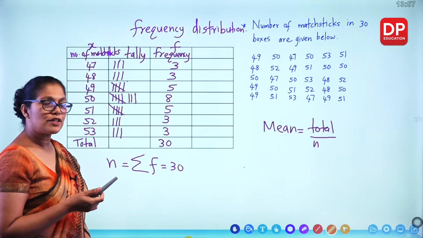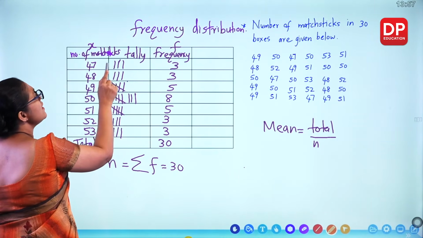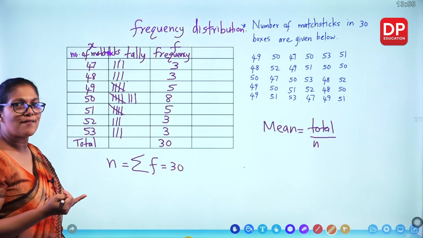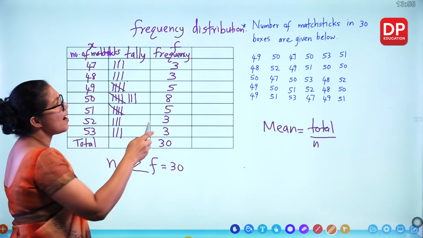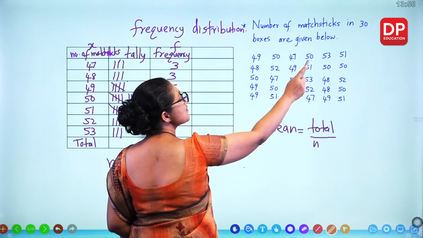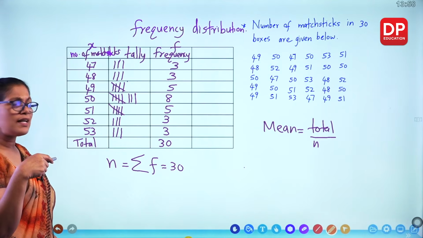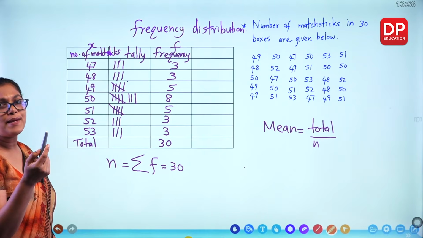How can we find out the total? Now here 47 3 times means 47 plus 47 plus 47. When you are adding the normal raw data set, you have to add like this, 49 plus 50 plus 47 plus 50 like that. But now we created a frequency distribution. How can we use this distribution to find out the mean?